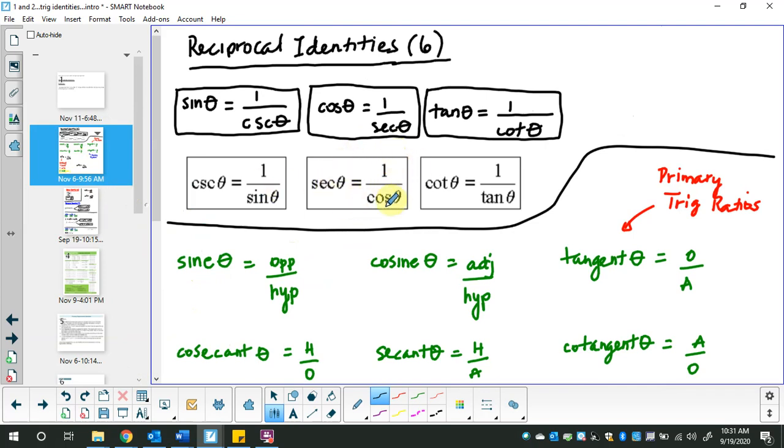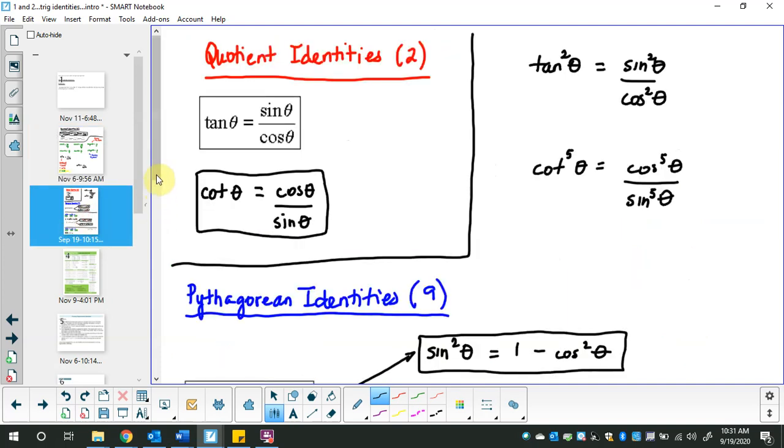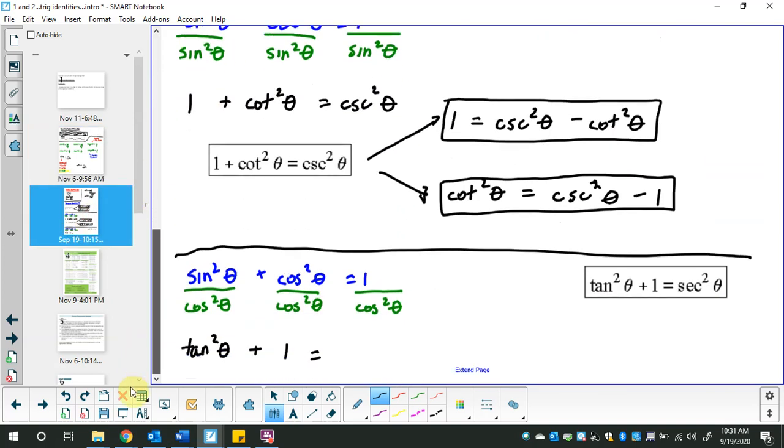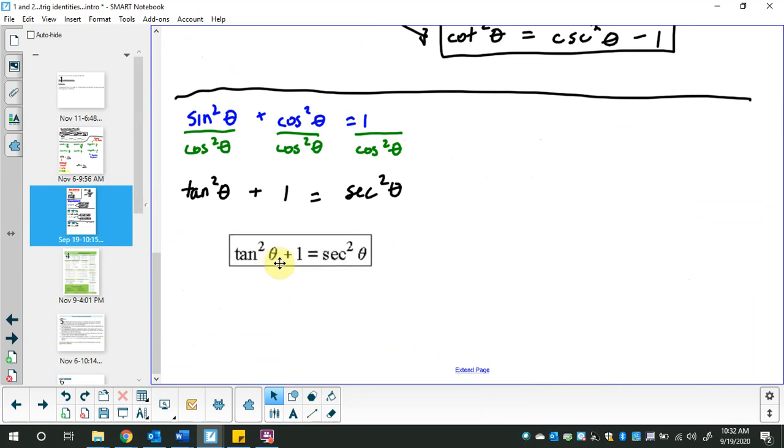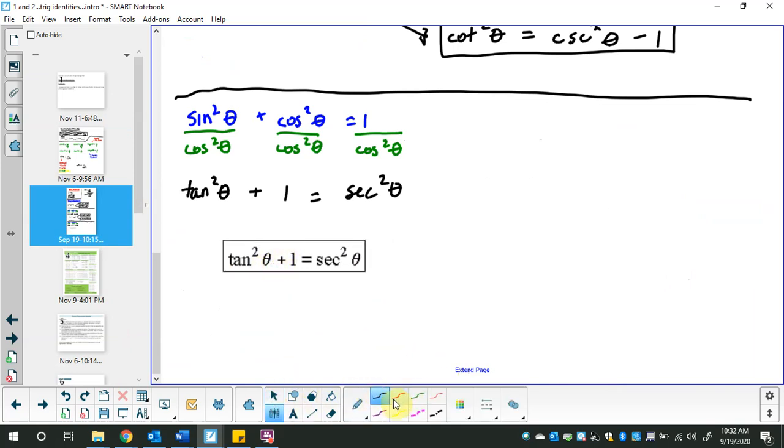So I've squared both of those. So this is actually secant squared theta. And we've generated that one without actually memorizing it. Now, if you can memorize this stuff, knock yourself out. I'd be super happy. But it's just not possible with my brain.